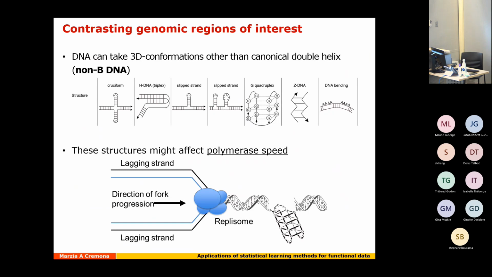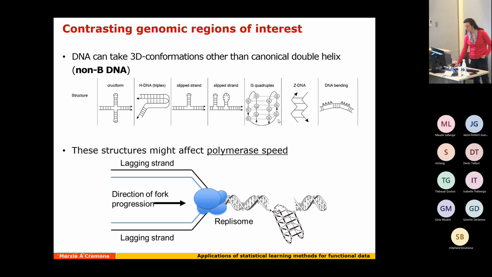So B DNA is the usual double helix that we all know, but there are many regions of the genome where we can actually have very weird three-dimensional shapes of the genome.